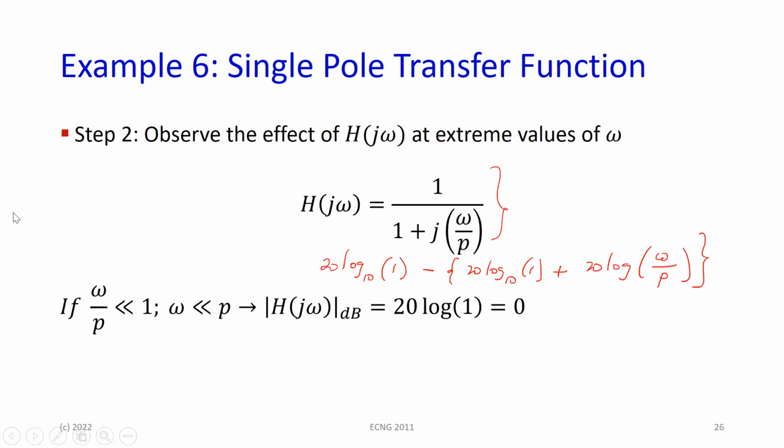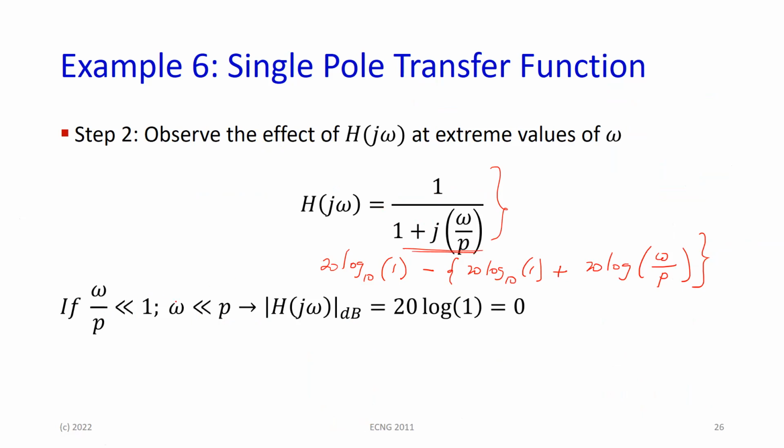Right, so let's look at something now. If I take the H of j omega and convert the magnitude of that to decibels, it is 20 log of 1 minus 20 log of the denominator here. Look at something now.